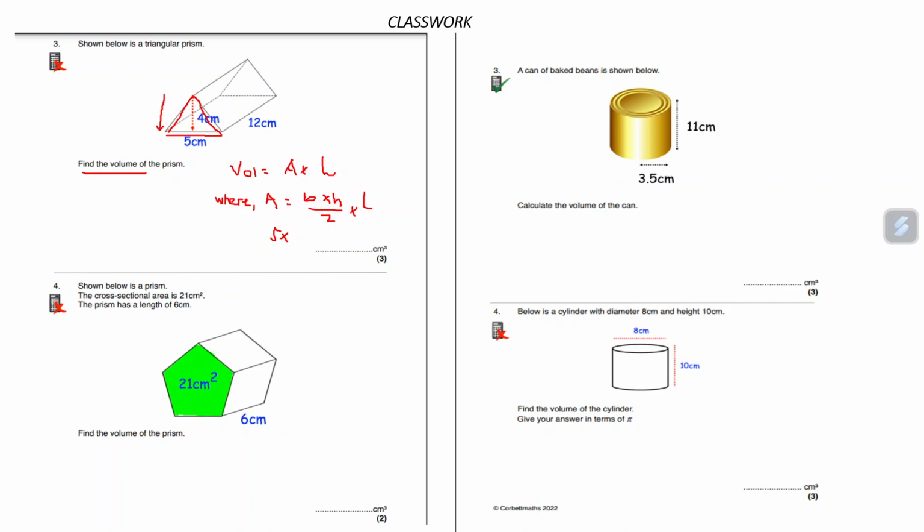Please don't be confused. The height for this triangle can be either inside or outside. So times height, which is 4, divided by 2, times our length, which is 12.